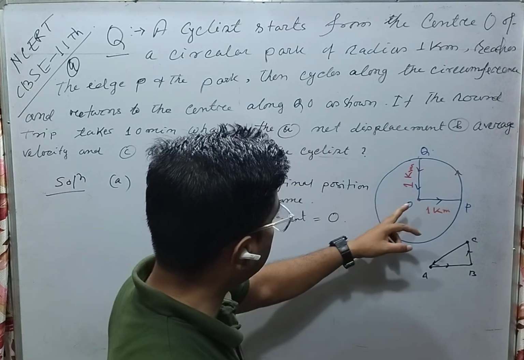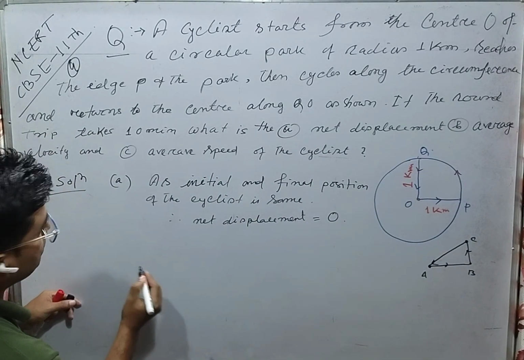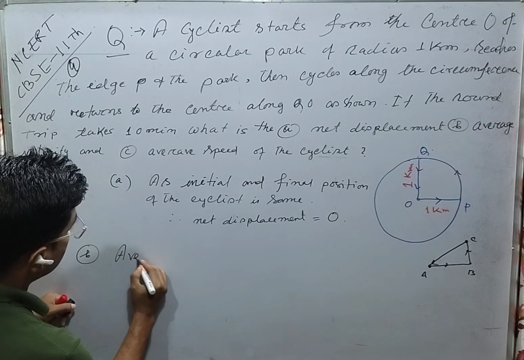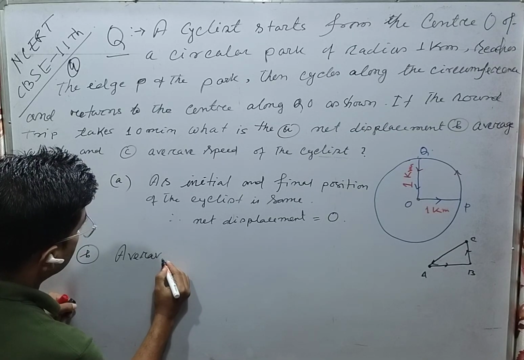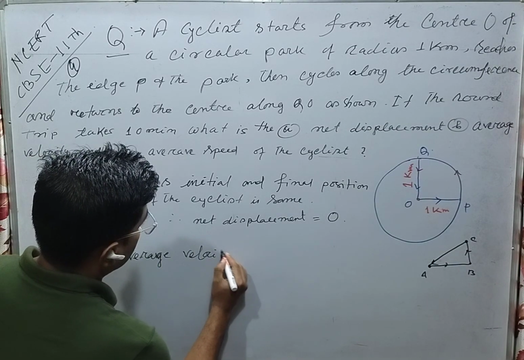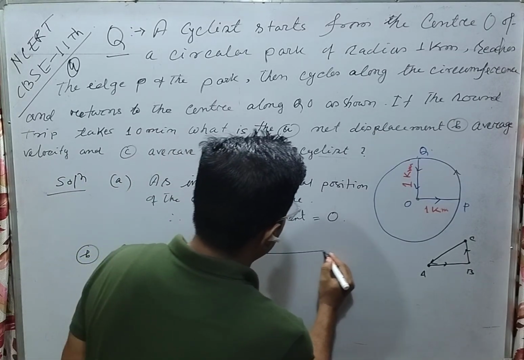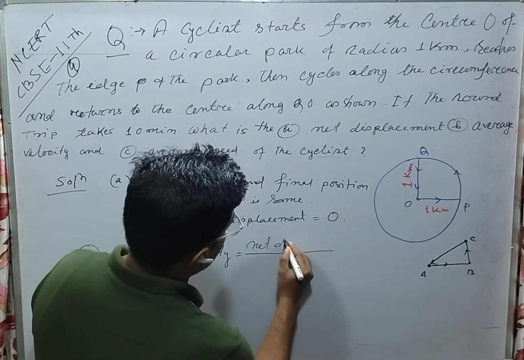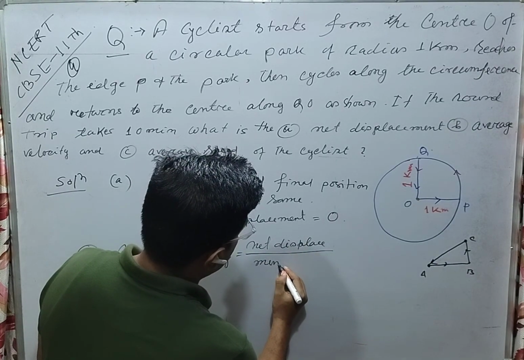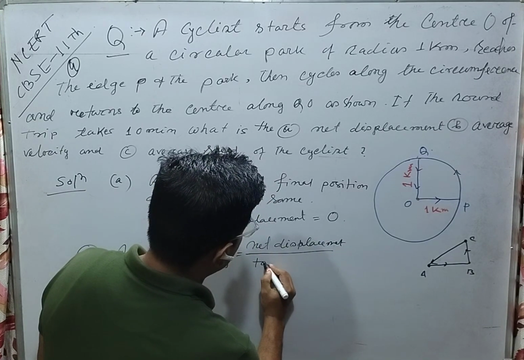Here the net displacement is 0. Going to the next problem, question number B, average velocity. Average velocity is equal to net displacement by total time taken.